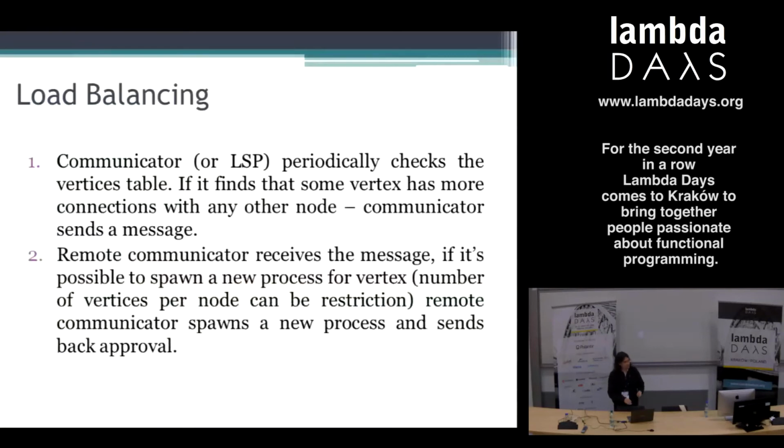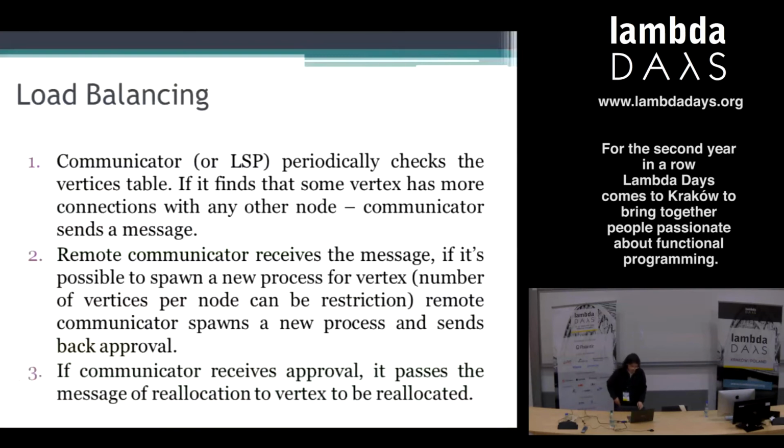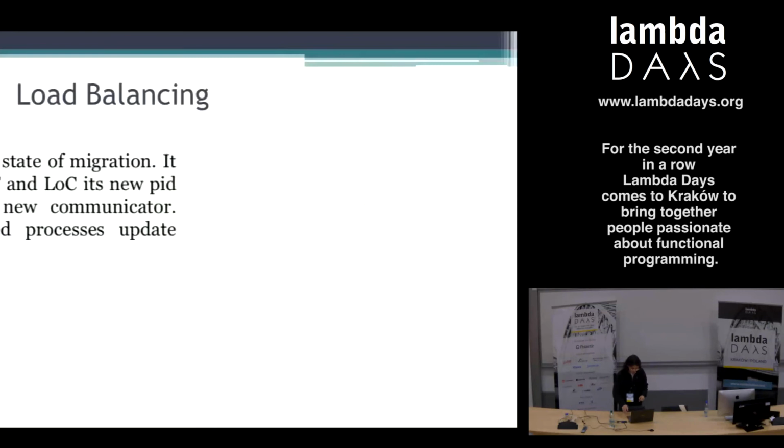The remote communicator receives this message and decides whether it can spawn a new process or it can't. If it can, it sends back a reply that, okay, I have spawned a process, here is its new PID, you can start migration. If the communicator receives approval, it passes the message of reallocation to this vertex to be reallocated.